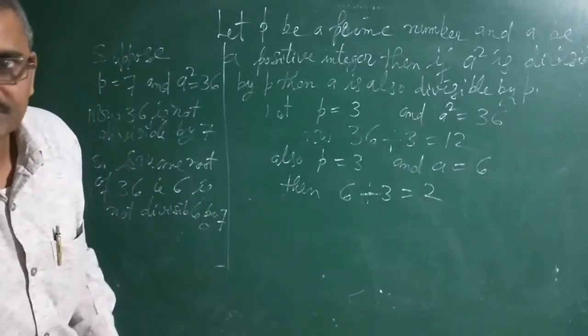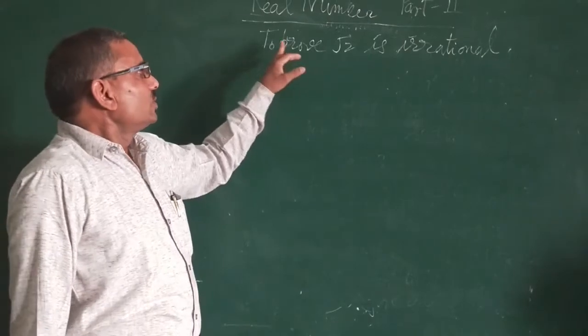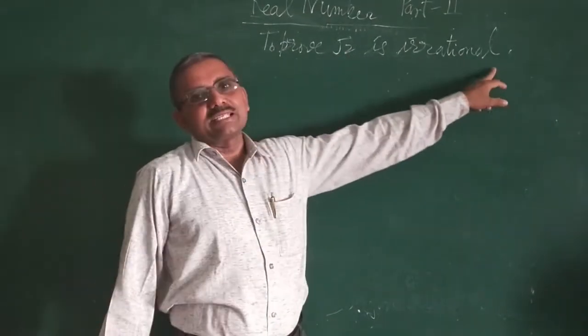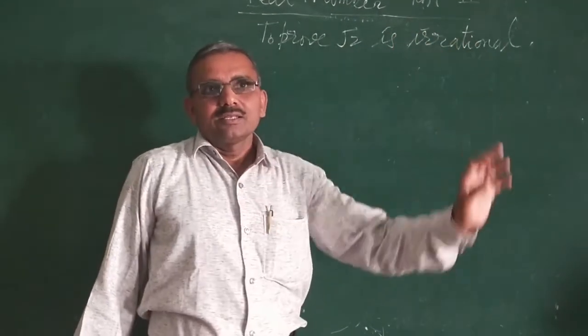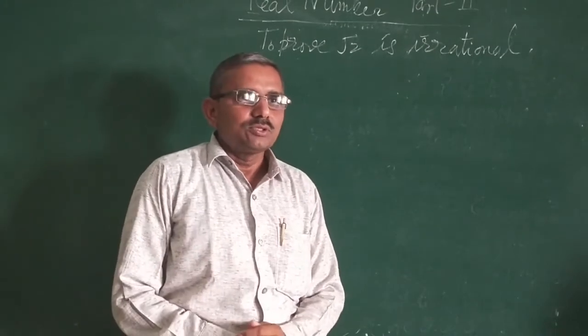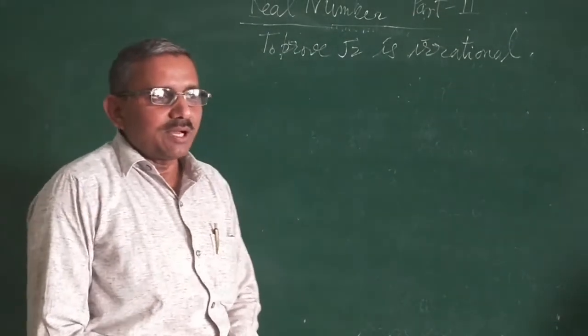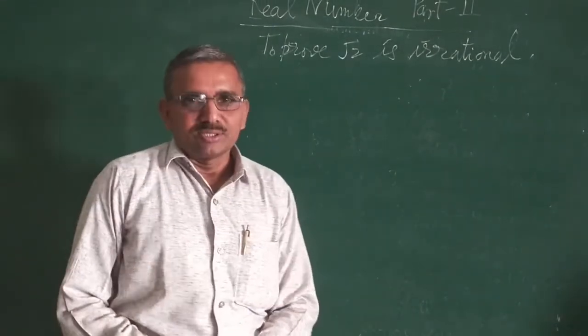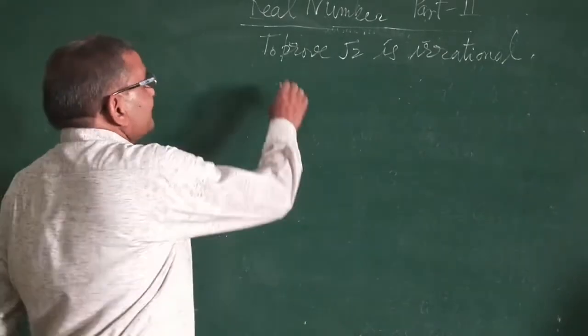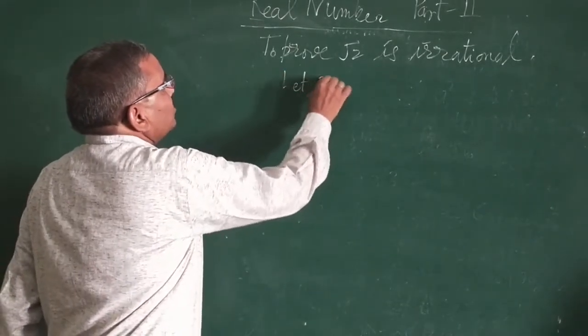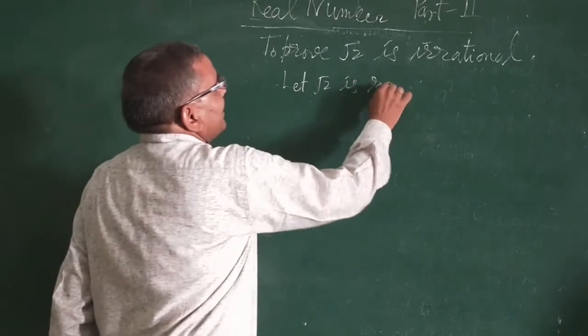Now to prove under root 2 is irrational, here we have to use this proof with the help of the contradiction method. Let under root 2 be rational.